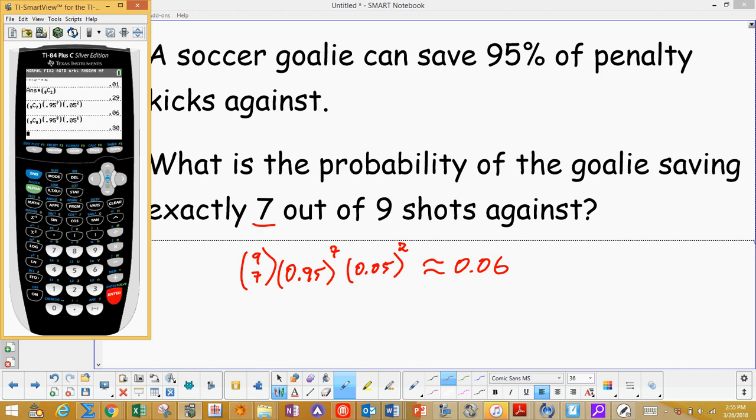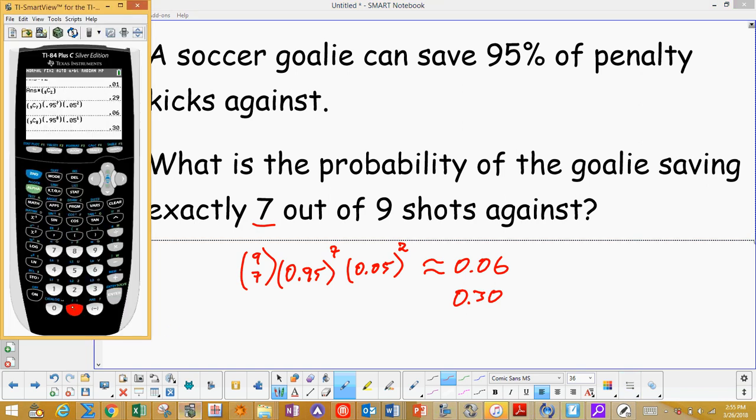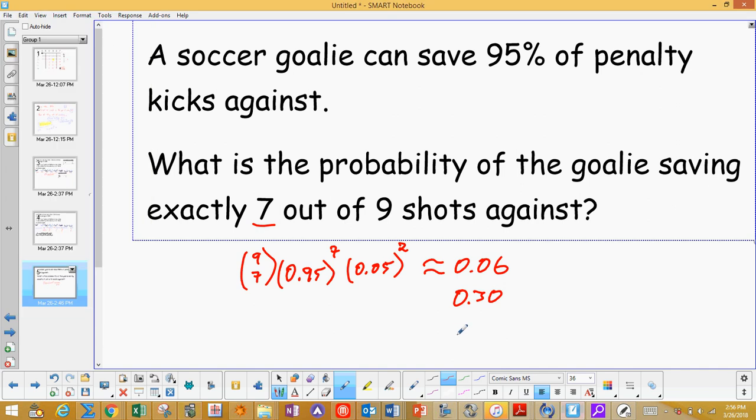If I press enter, now we're up to 30%. And if I wanted to know all 9, that's a little more direct. I can just do 0.95 to the 9th, and that's going to give me 0.63.